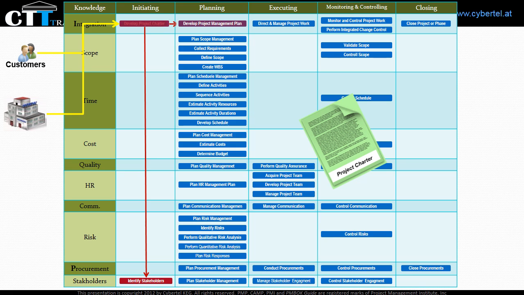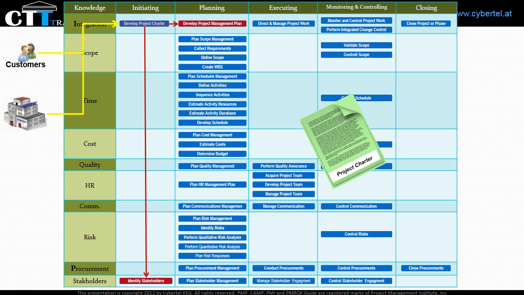The project charter is also an input to the develop project management plan process, because it includes all information needed for the management plan and it becomes a document in the project management plan.